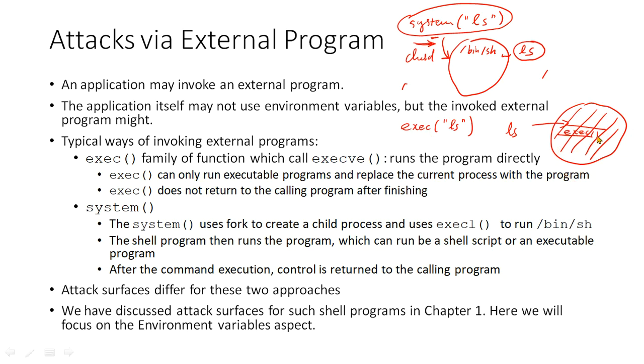So its code is gone and the new code is written over it. So that's the difference. Exec is safer because it doesn't inherit all the environment from the parent process. But it's less convenient because system runs a shell, so we can provide a non-binary command. That means we write a shell script and we can run it, while exec can only run a binary command.